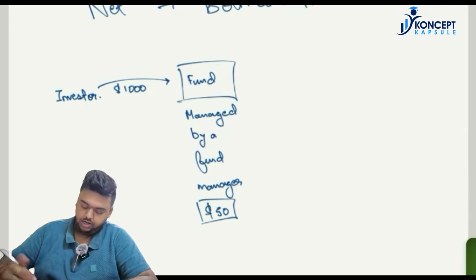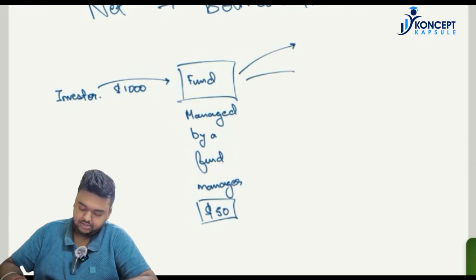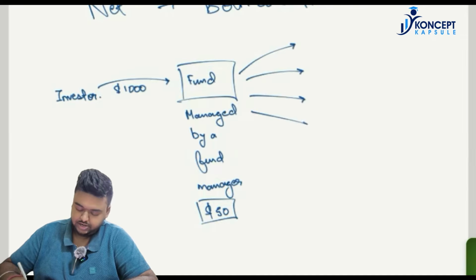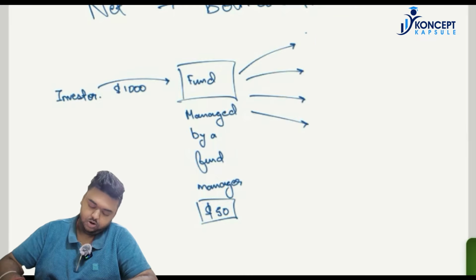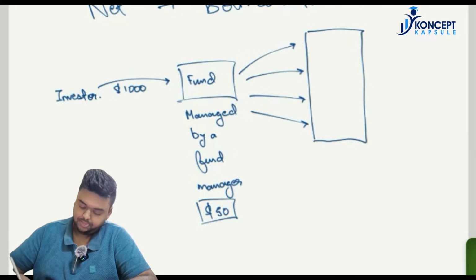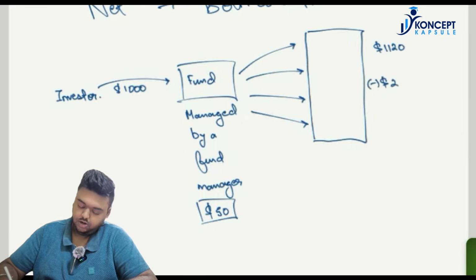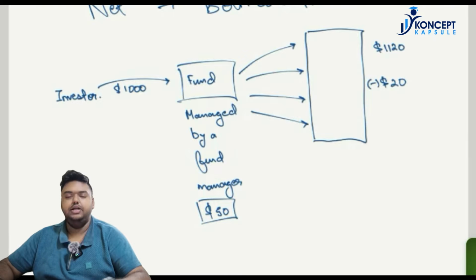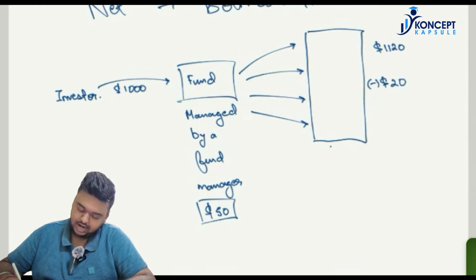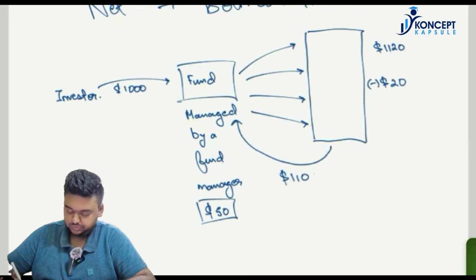Now, this fund will make investment elsewhere in order to generate the return. Suppose in order to make this investment and get the return, it earned $1,120 and had to pay $20 as commission, in terms of transaction cost, charges, brokerage, and was left with $1,100.